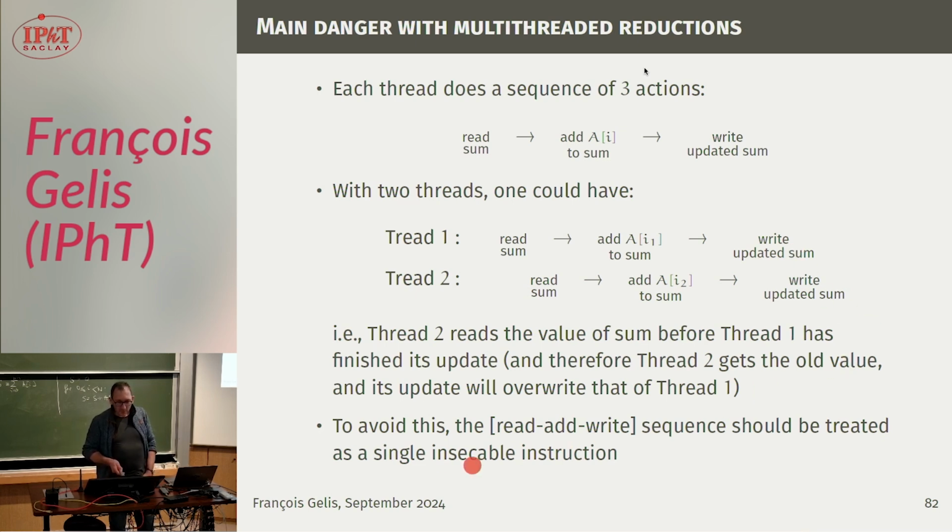To avoid this problem, there is a special instruction, a way of protecting this block of 3 instructions. It's called an atomic instruction, so that this sequence read, add, write is treated as something that cannot be cut in half. So it's called atomic.